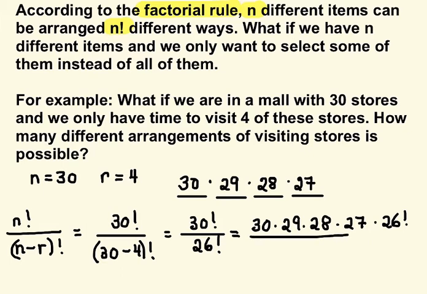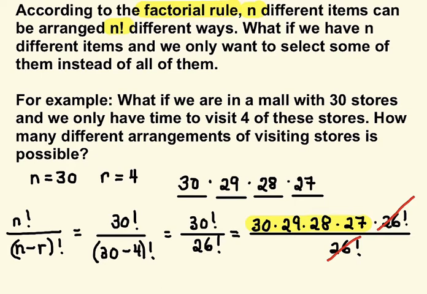If I divide this by the denominator, which is 26 factorial, the 26 factorial in the numerator and denominator cancel each other out. The result is 30 times 29 times 28 times 27, which is what we already determined to be the number of ways we could visit 4 stores out of 30.